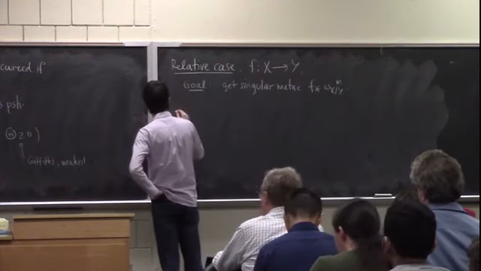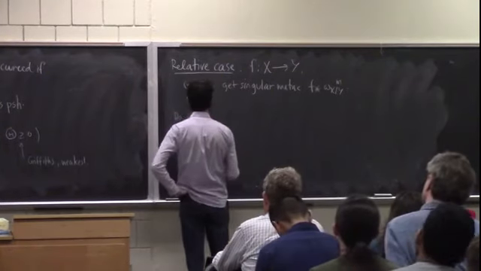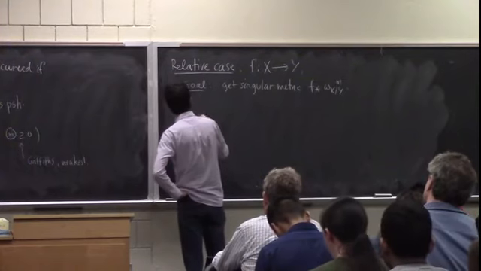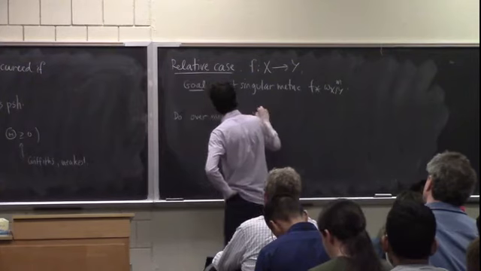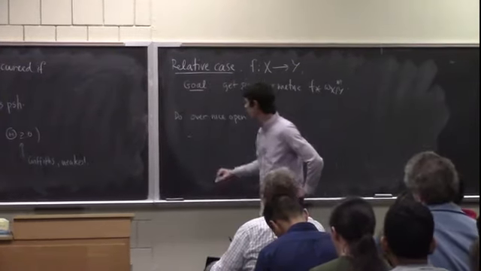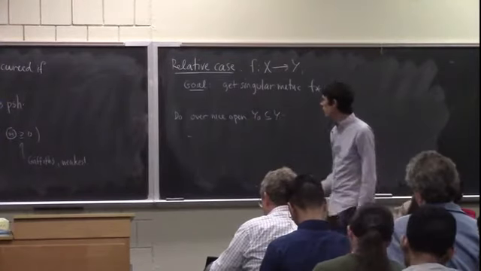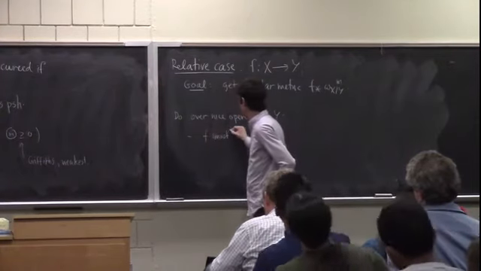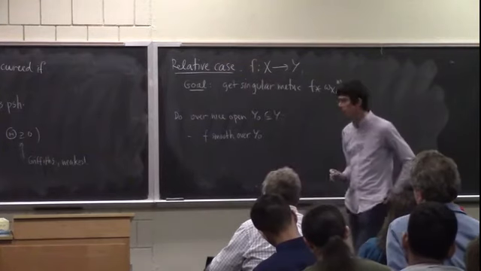Let's do this in the case when it's just over a nice open subset. I'm going to choose it in such a way that basically everything behaves well. So I want f to be smooth over y0, so I don't have to deal with singularities in the fibers.